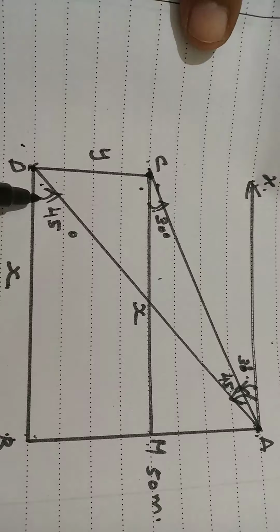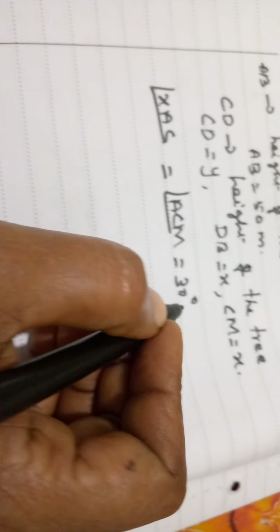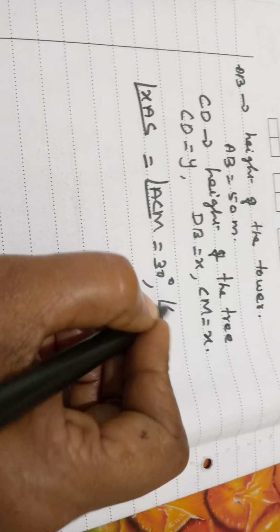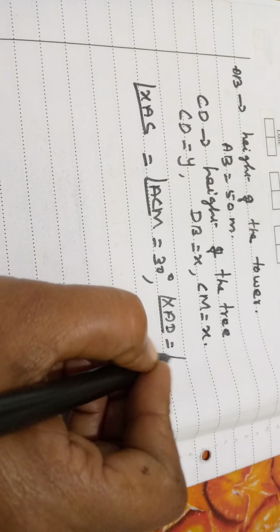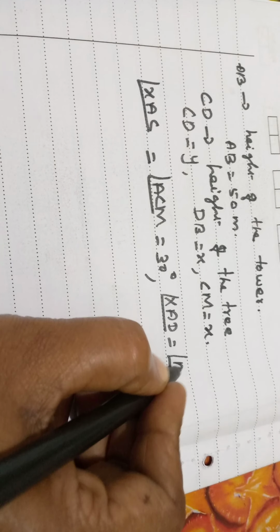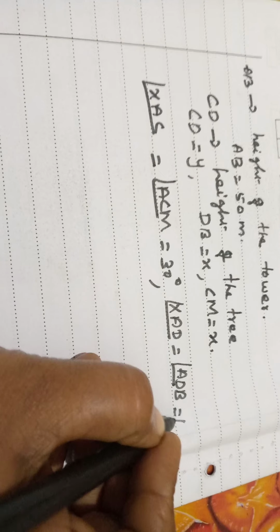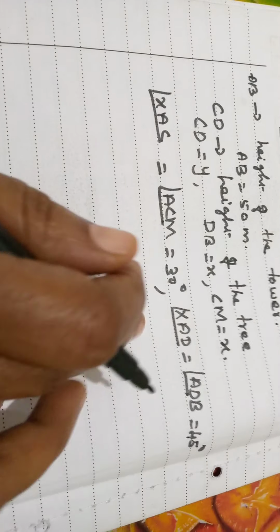From the diagram, this one we have to write. So 30 degree, comma, angle XAD equal to angle ADB equal to 45 degree. This one from the diagram we have to write.